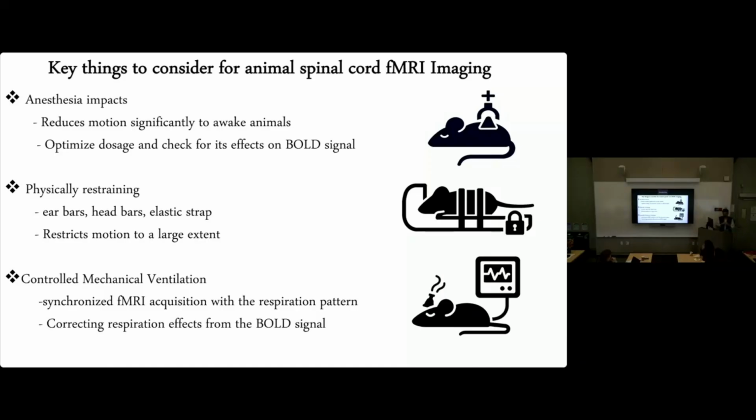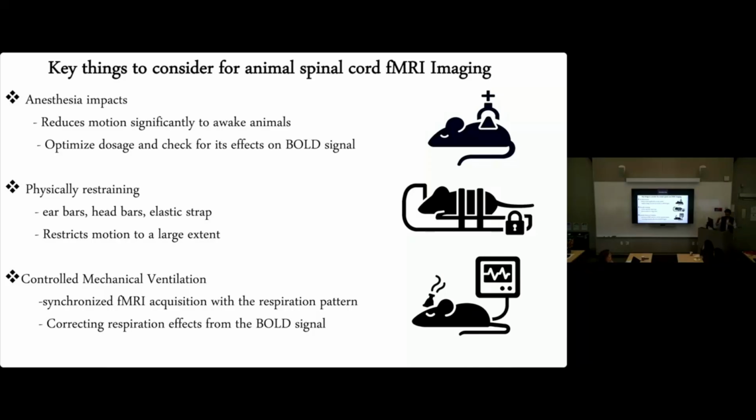Also, physically restraining the animal helps a lot in reducing the motion. We are able to do that using earbuds, headbuds, and also elastic straps around the monkey's body while imaging, and this helps in restricting the motion by quite a bit.